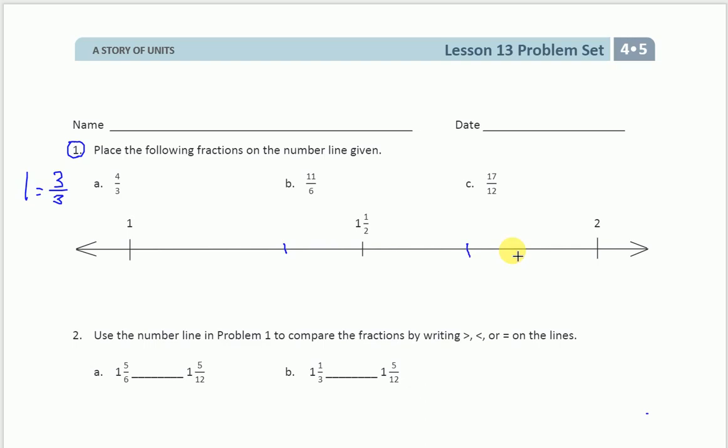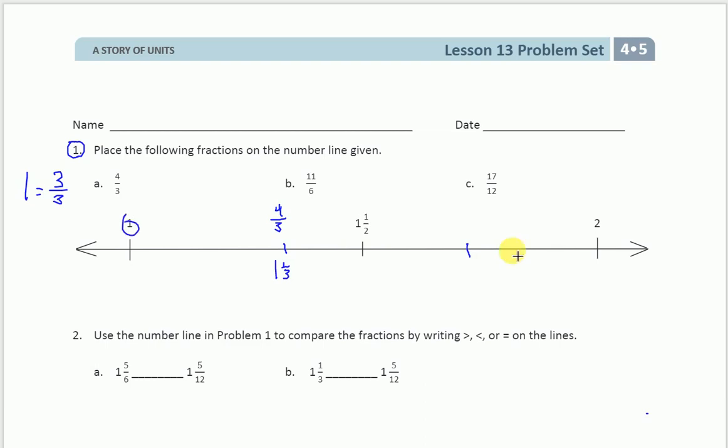So this would be a third, another third, and another third. Then 4/3 would really be 1 1/3. So if we put 4/3 approximately here, that's the same thing as 1 1/3, because we had 1 whole all the way over here.